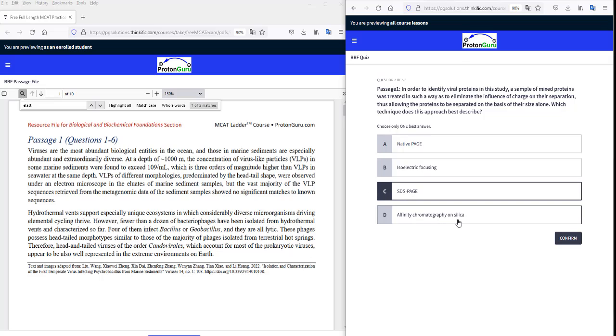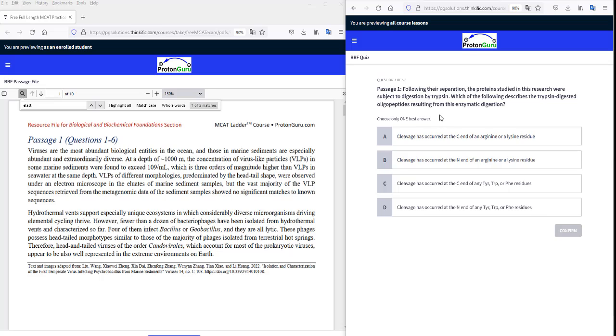Affinity chromatography does not separate on the basis of size alone. It's more, as the name affinity suggests, how greatly the particles being separated are attracted to the silica gel in this case. Thus, more polar molecules are retained on the column for longer than less polar molecules. So the only one that really makes sense for separation based strictly on size is the SDS-PAGE.